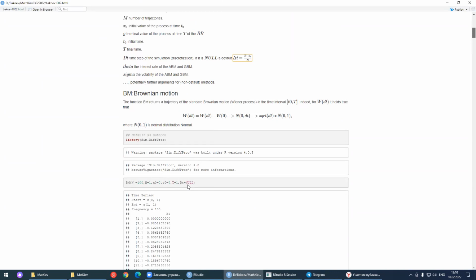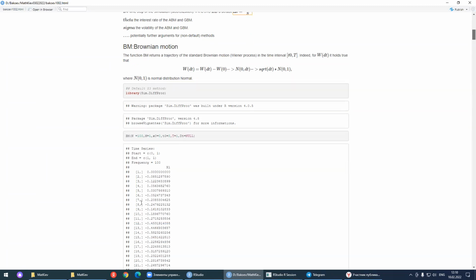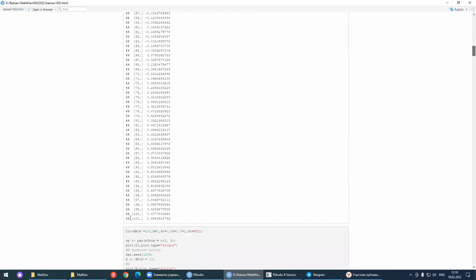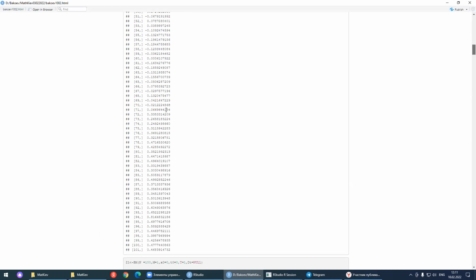After that, using this function, we receive these values, x0 and so on. The step was 100, and we have 101 values of the Brown motion.